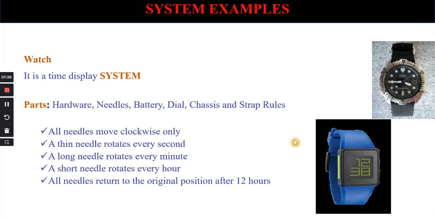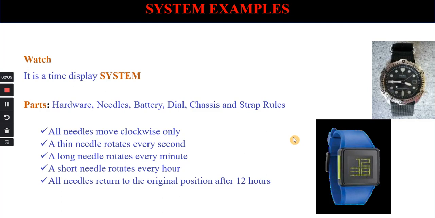We have many hardwares like needles, battery, dial, chassis, straps, and those needles will rotate following rules. See, all needles should compulsorily move in a clockwise direction only. You know, right? Clocks will not rotate anti-clockwise. So always it should be clockwise.